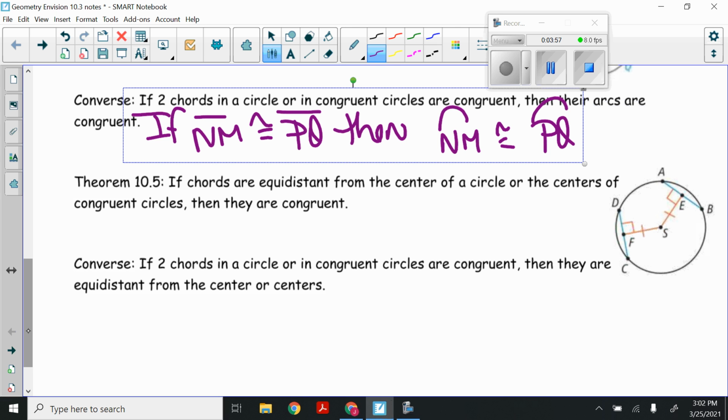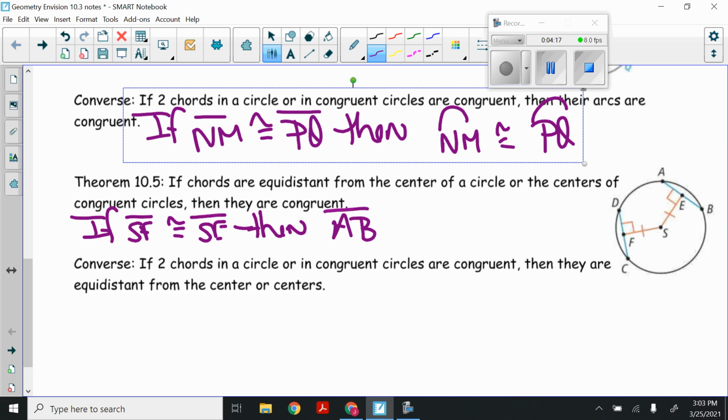Okay? So SF and SE both show me that they are congruent. So if SF is congruent to SE, then I know that those chords that they're touching, AB is congruent to DC, because they are both the same distance from the center.